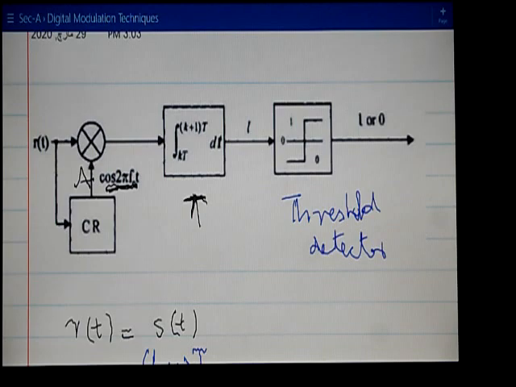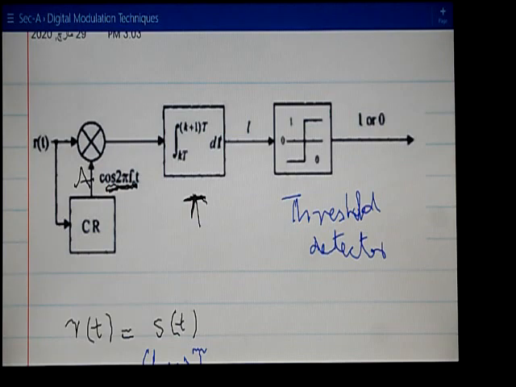This product goes to the integrator, which integrates the product and gives you a value L, which is either positive or negative. When it is positive, the threshold outputs a +1. When it is negative, the threshold outputs a -1, which is the representation of a 1 or a 0.